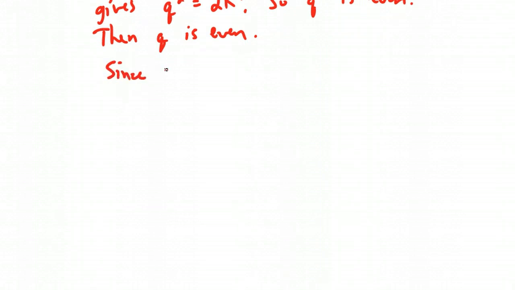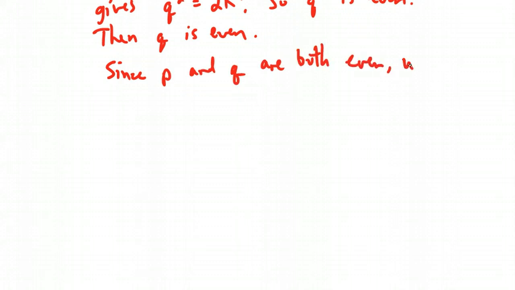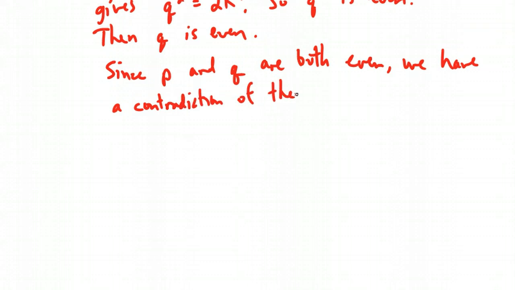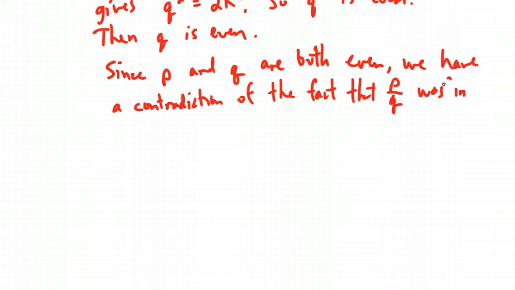Since p and q are both even, we have a contradiction of the fact that p over q was in lowest terms.